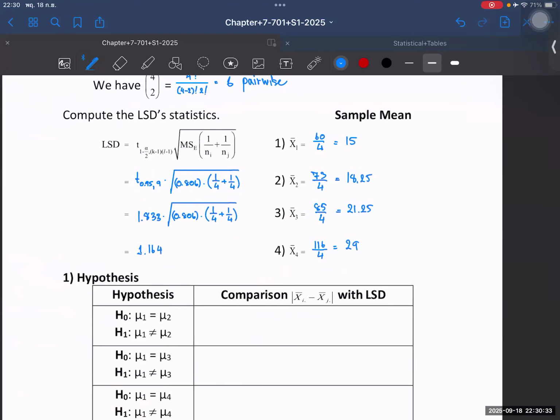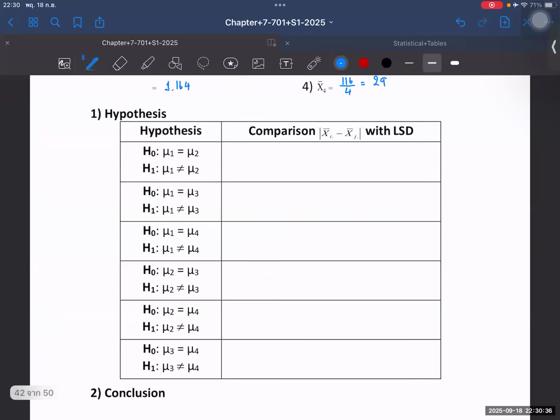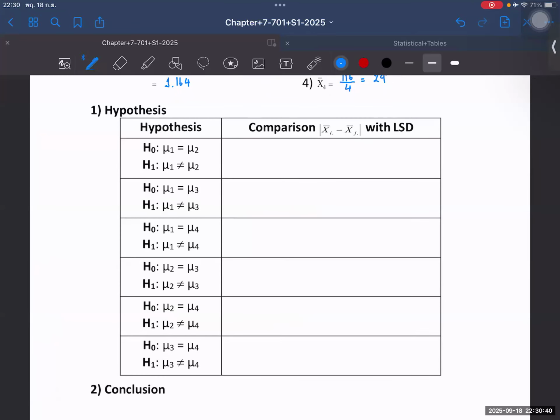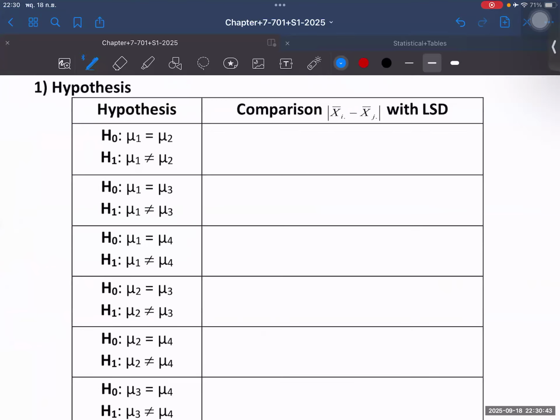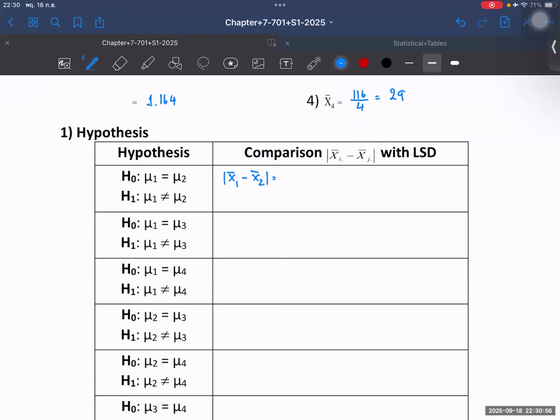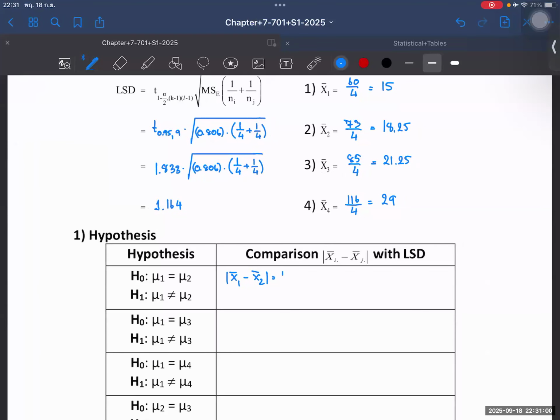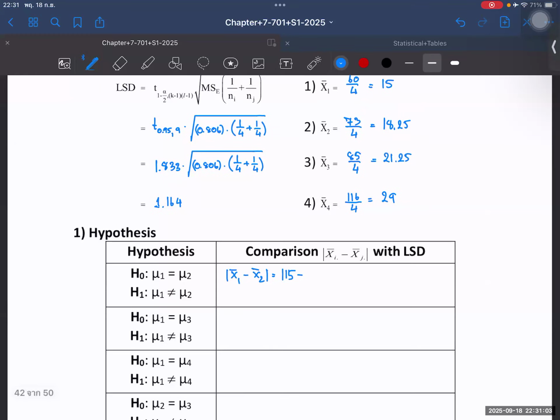Okay. So we calculate the LSD and we will compare together, right? Okay, maybe I use this.